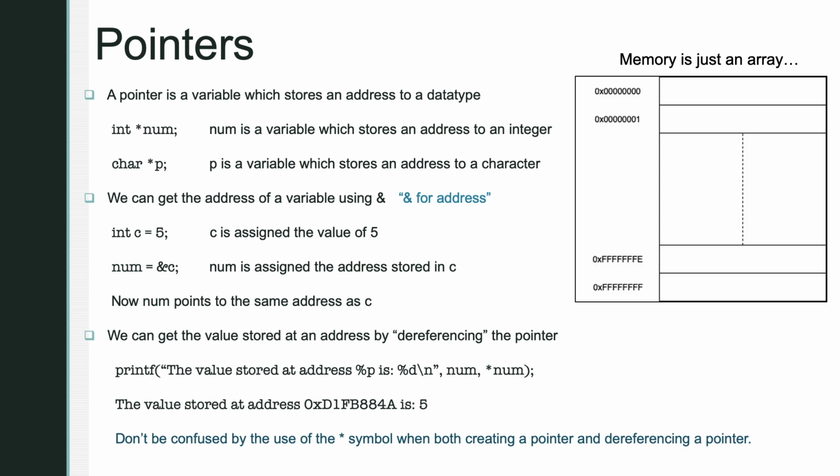So I just talked about pointers, and I think it's important that we go through some more related to that. A pointer is a variable which stores an address to a data type. If we declare int star num, we're saying that num is a variable which stores an address to an integer. We can think of memory as just a big array.